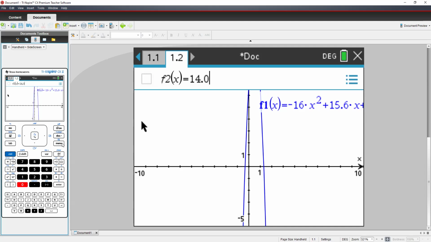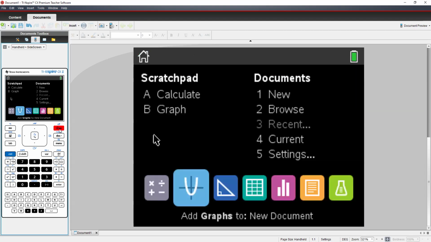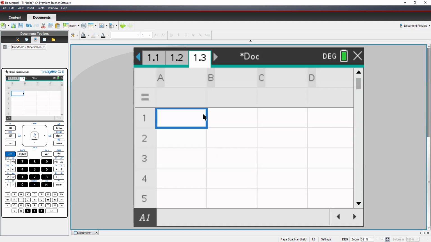14.05x is something like this. I don't think that's going to help us any. Let's do it a different direction here.